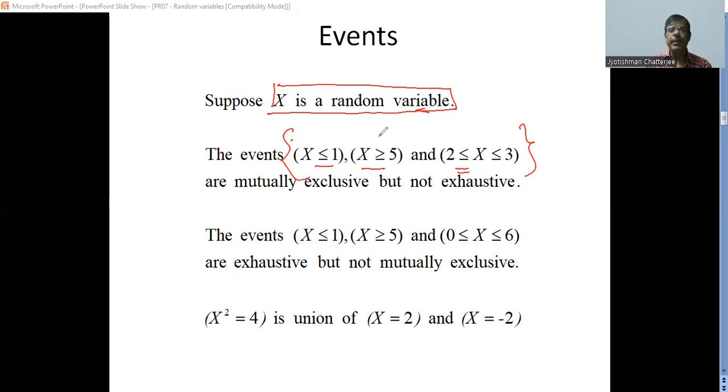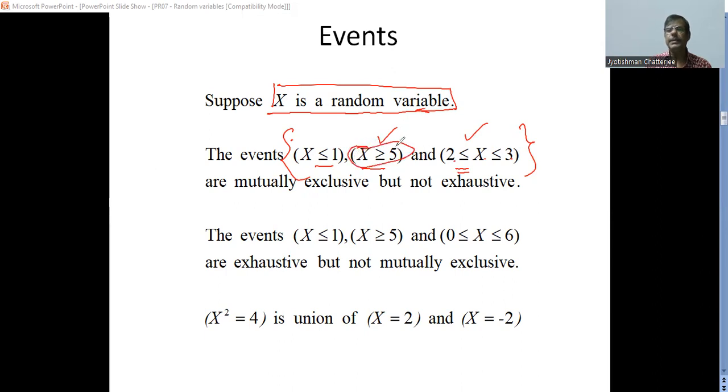Say, if you take this and this, can they occur simultaneously? No, because if the X value corresponding to the outcome satisfies 2 less than or equal to X less than or equal to 3, then at the same time it's not possible to satisfy this one.